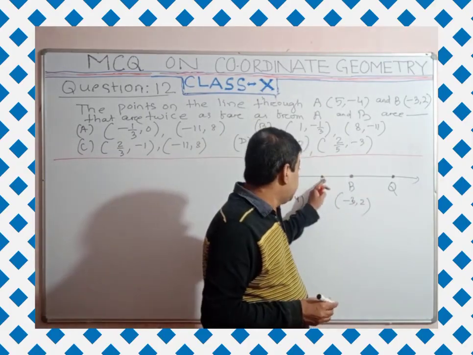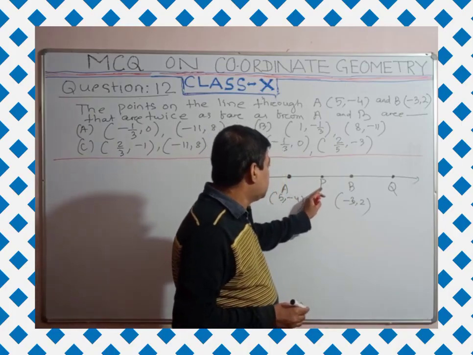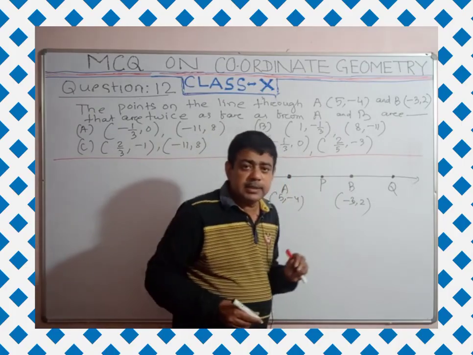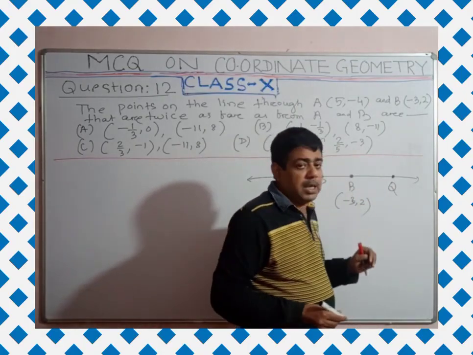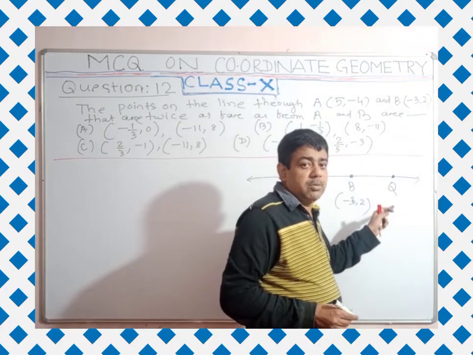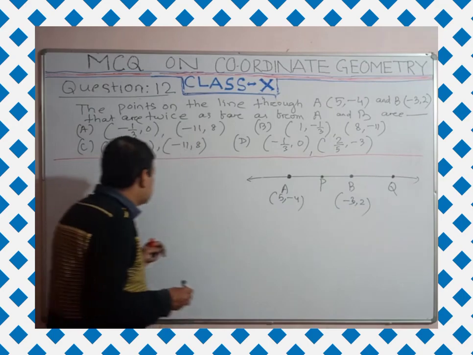The point P divides the line segment AB into two parts such that the point P is twice as far from A as from B. Here the point Q divides the line segment AB such that the point Q is twice as far from A as from B. Understand? Let's consider one by one.